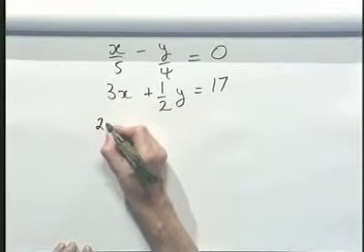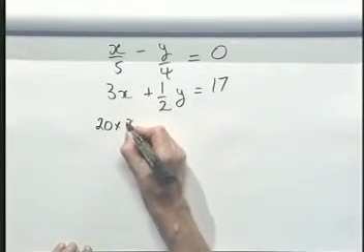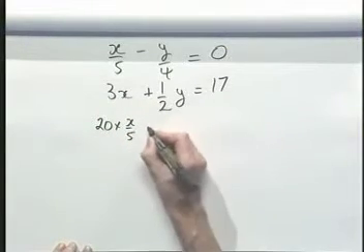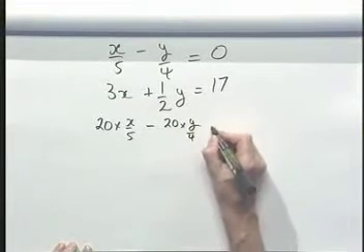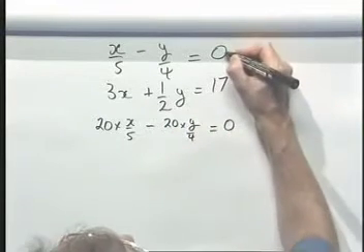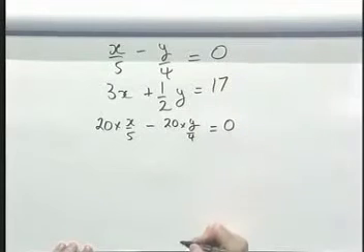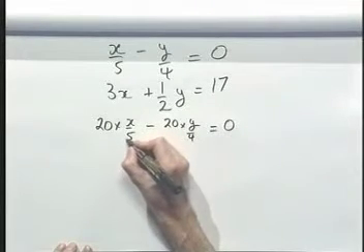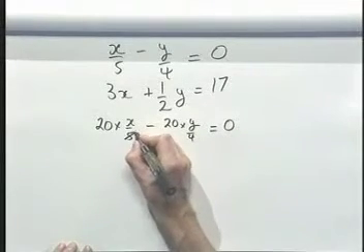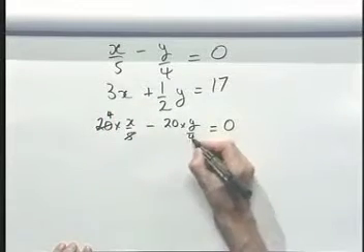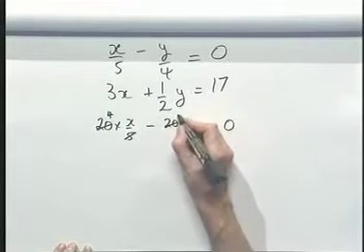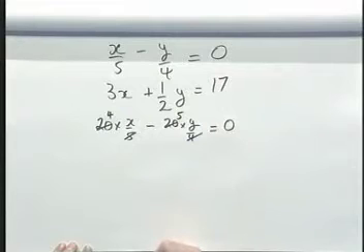Let us write that down in full. 20 times x over 5 minus 20 times y over 4 equals 0, because 20 times 0 is still 0. A little bit of cancelling. 5 into 20 goes 4, and 4 into 20 goes 5.